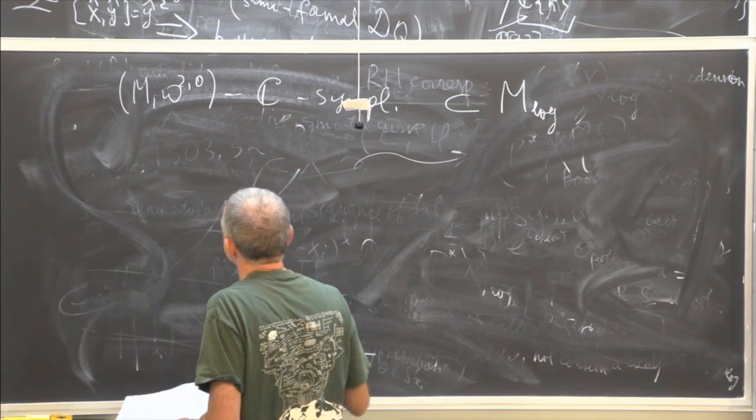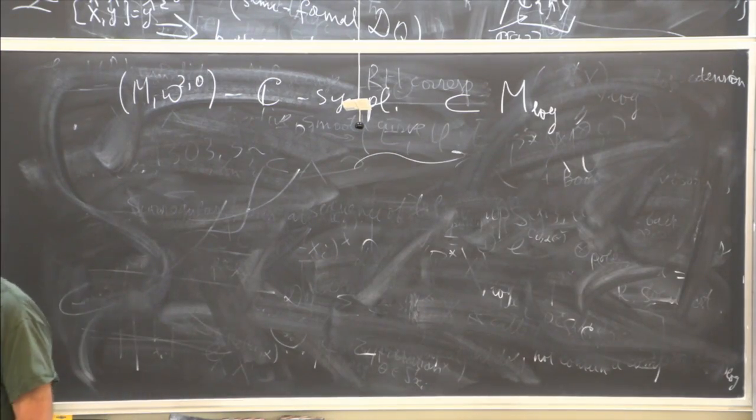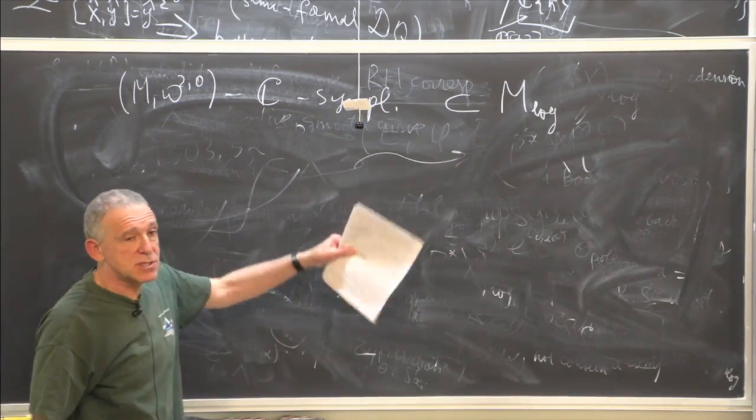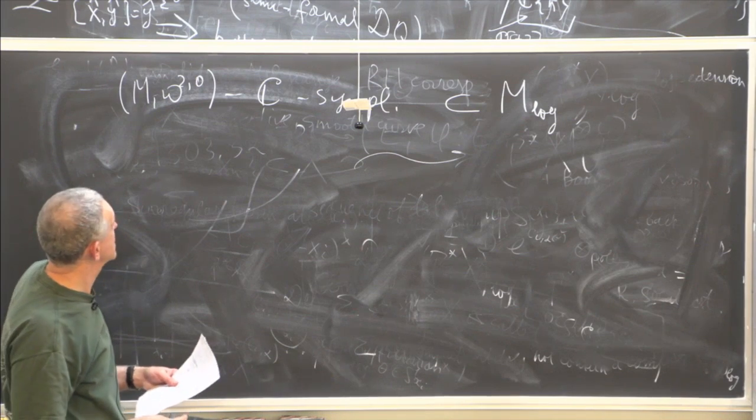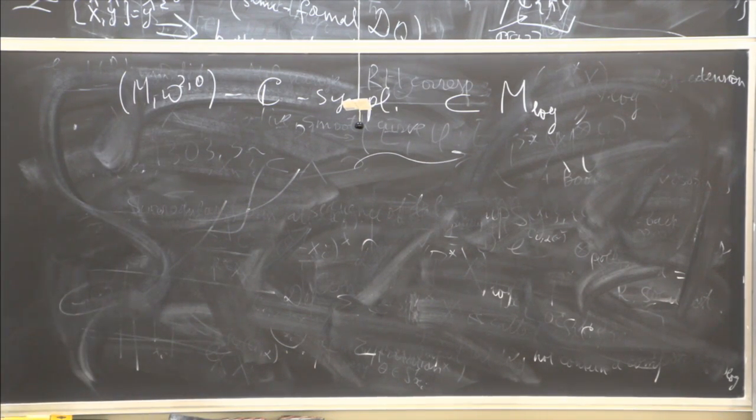The log extension is exactly the Poisson manifold such that the complement is a normal crossing divisor where the symplectic form has poles of order 1.